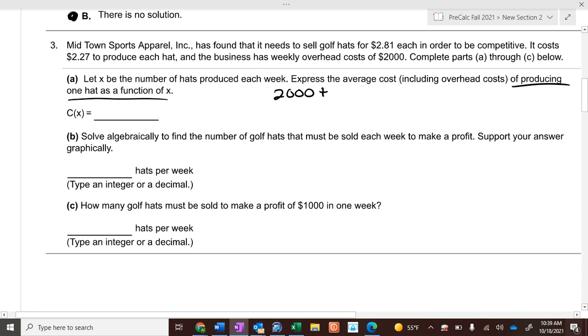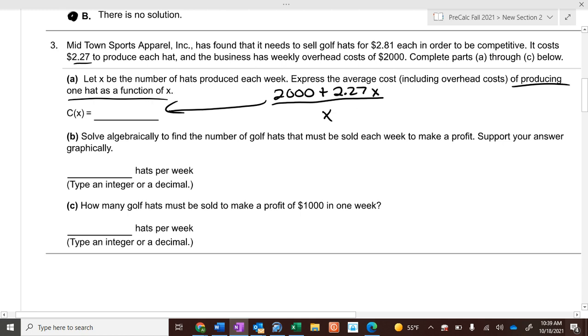Plus, how much else is it going to cost you? $2.27 per hat. So 2.27x, that's to produce however many hats. To produce each hat, you divide that by the number of hats you produce, which is x. We don't know how many hats we're producing. So that's the cost function. That's how much it's going to cost to produce each hat.